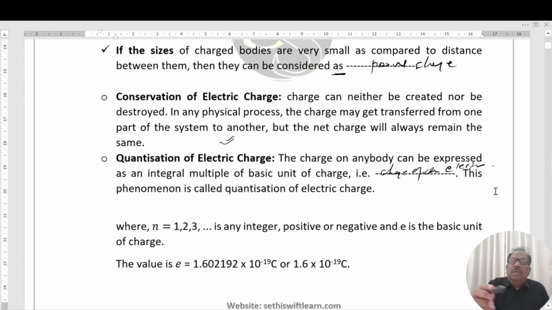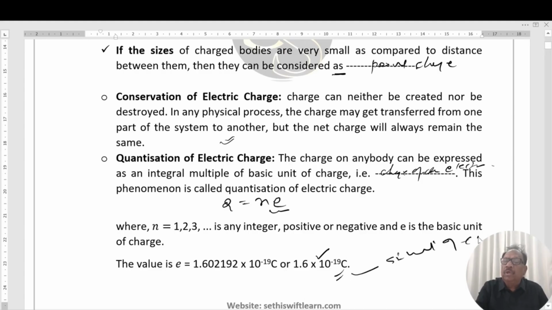Q equals N into E. E is the electronic charge, whose value is 1.6 × 10⁻¹⁹ Coulomb. Coulomb is the SI unit of charge. N is the integral multiple: 1, 2, 3, 4, anything.